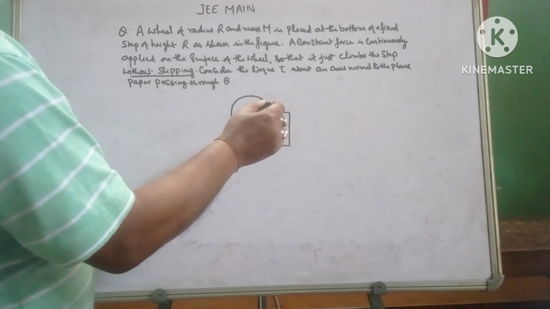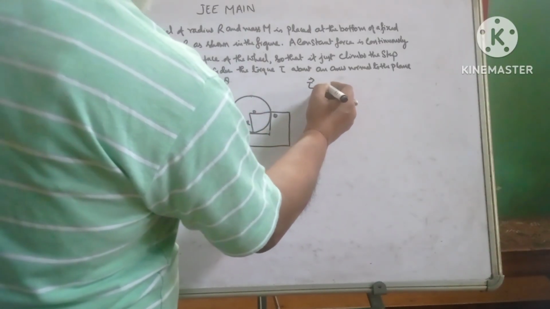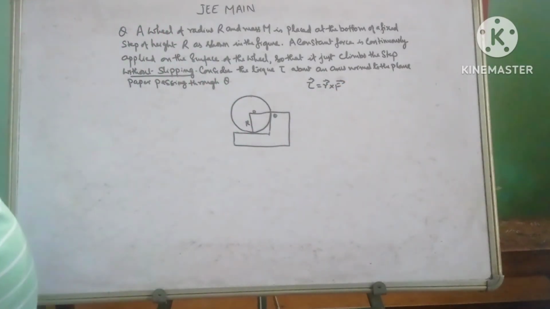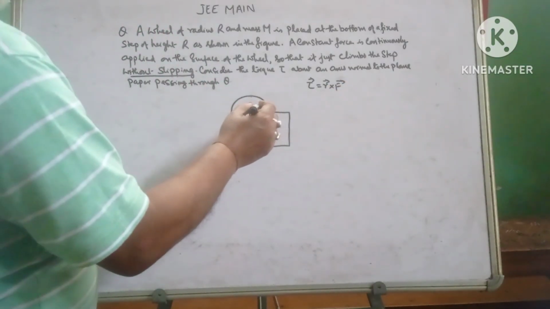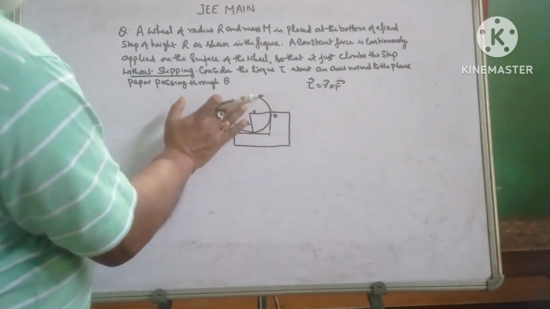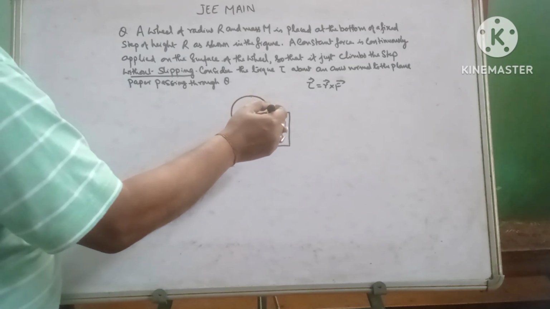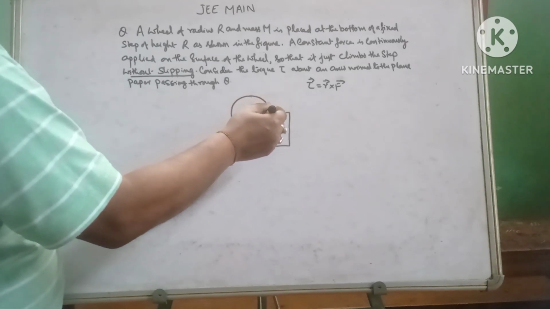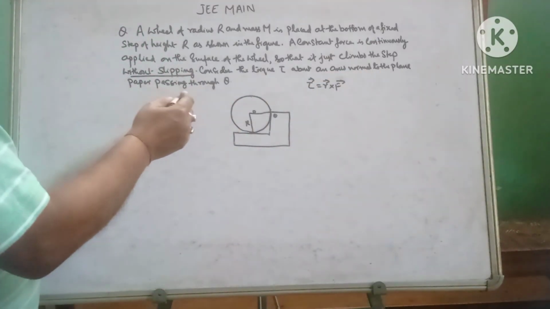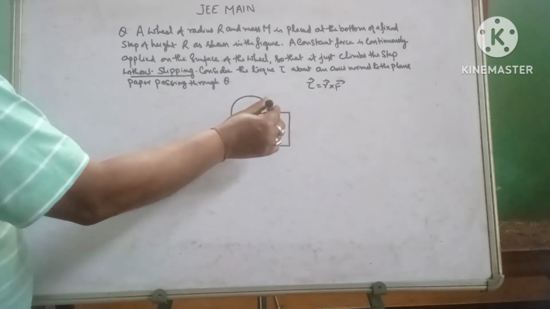Torque is equal to r cross F, also called the moment of a force. Your r and F are in this plane, and the direction of the torque is perpendicular to this, normal to the plane of the paper passing through Q.